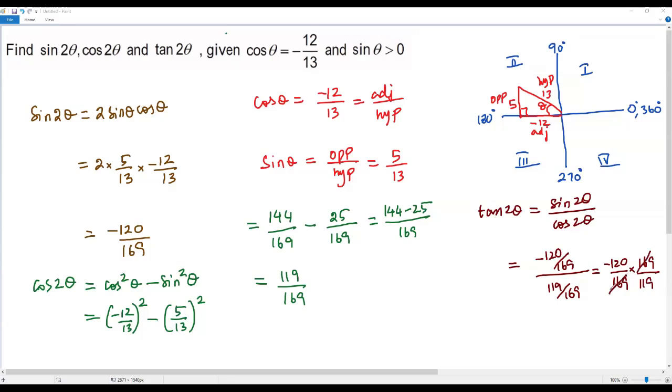This 169 will cancel out, and I'm getting negative 120 over 119. So this is the value of tangent 2 theta. So the value of sine 2 theta is negative 120 over 169, cosine 2 theta is 119 over 169, and tangent 2 theta is negative 120 over 119.